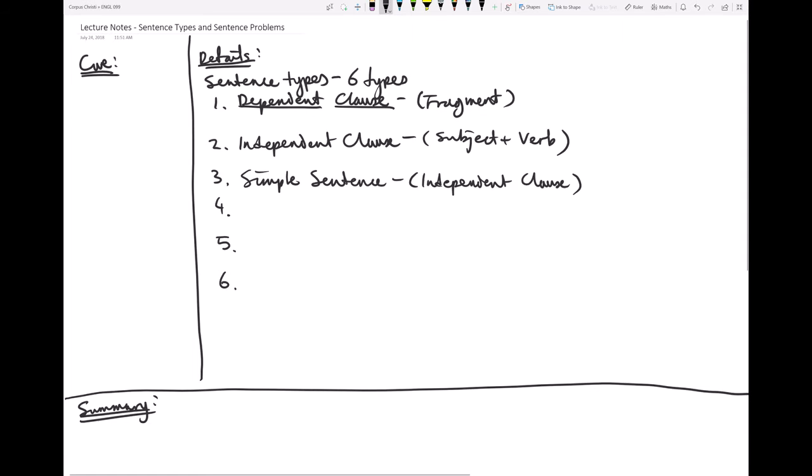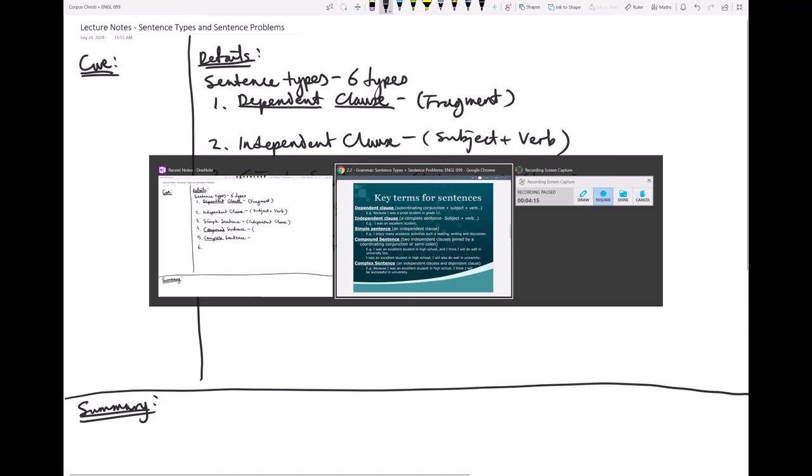And what other sentences do we have? We have a compound sentence. And notice we have a different word here for the 5th type of sentence, a complex sentence. So those are different. And how are these different? Let's read the notes.